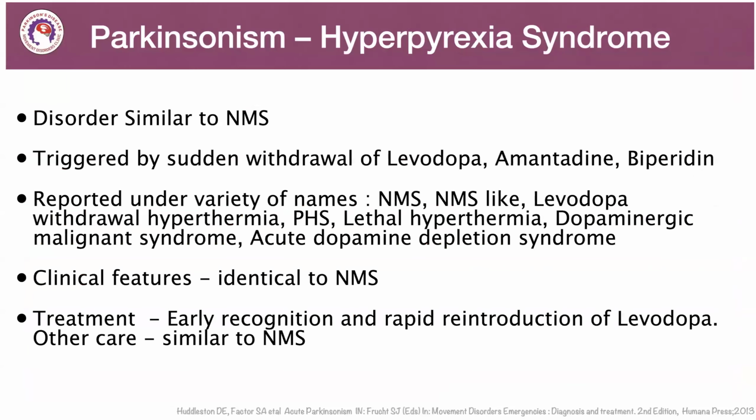So even though it is similar, we call this set of patients Parkinsonism hyperpyrexia syndrome. This disorder is similar to NMS, triggered by sudden withdrawal of levodopa, amantadine, among other dopaminergic agents, and is reported under a variety of names such as NMS-like levodopa withdrawal hyperthermia, lethal hyperthermia, dopaminergic malignant syndrome, and acute dopamine depletion syndrome.